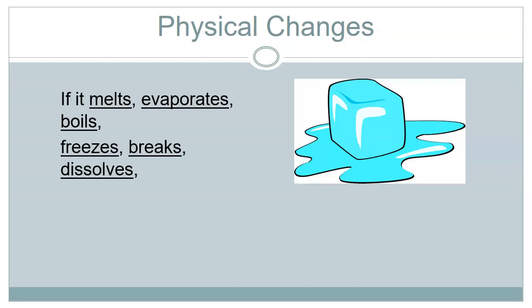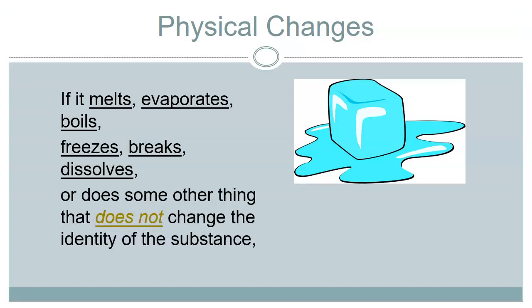Also, if something freezes, if it breaks, if it dissolves, anything that is done to a substance or happens to a substance that does not actually change the identity of the substance, that is considered to be a physical change.